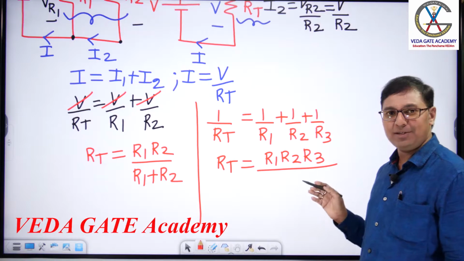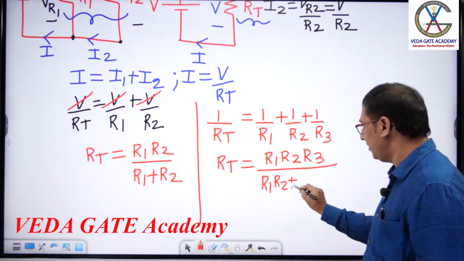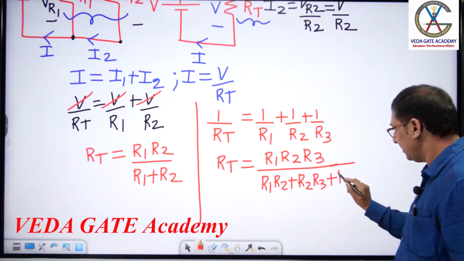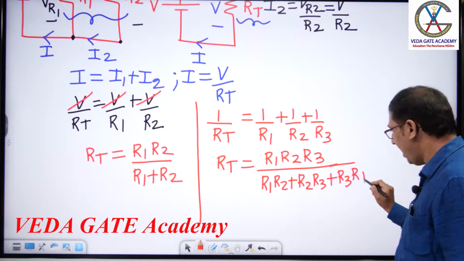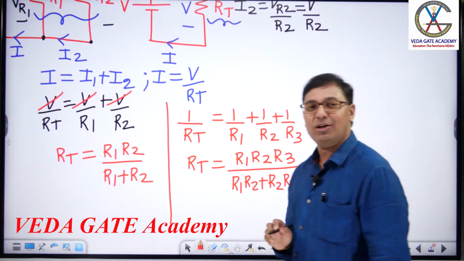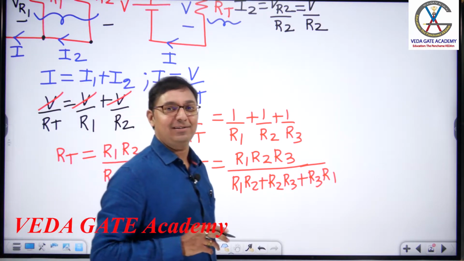Don't say R1 plus R2 plus R3. No, what do you get? R1 R2 plus R2 R3 plus R3 R1. This is the value of RT you get when you connect three resistors in parallel.